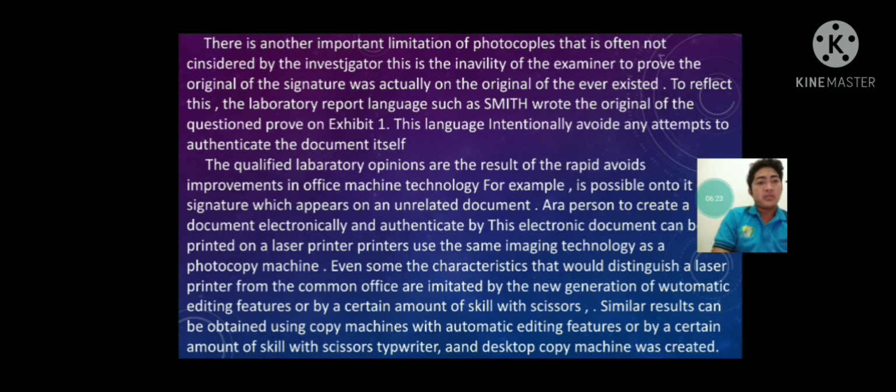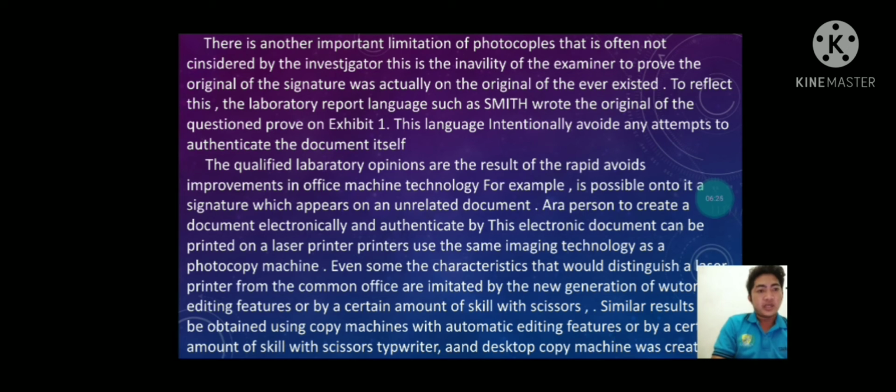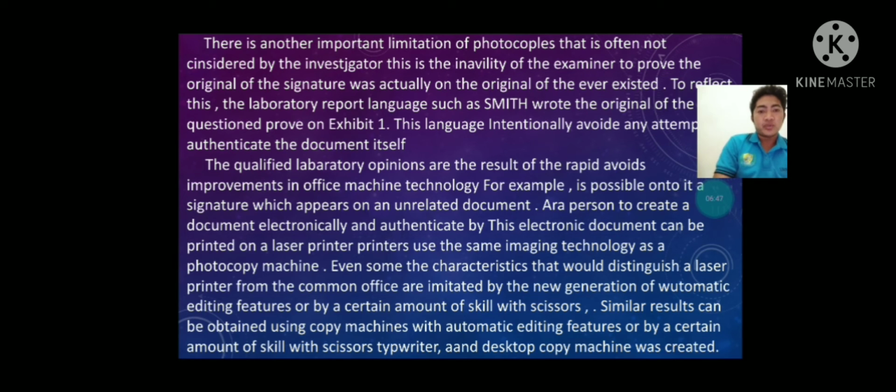The qualified laboratory opinions are the result of the rapid improvements in office machine technology. For example, it is possible to scan in a signature which appears on a related document. A person can create a document electronically and authenticate it by this signature, and this electronic document can be printed on a laser printer, which uses the same imaging technology as a photocopy machine.